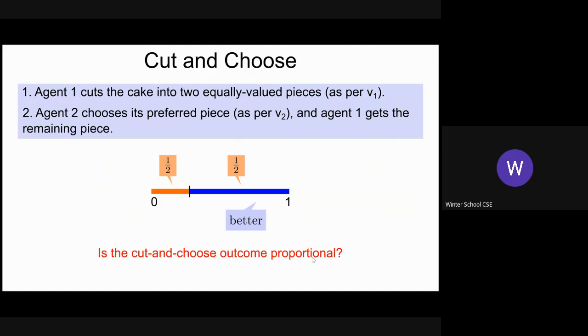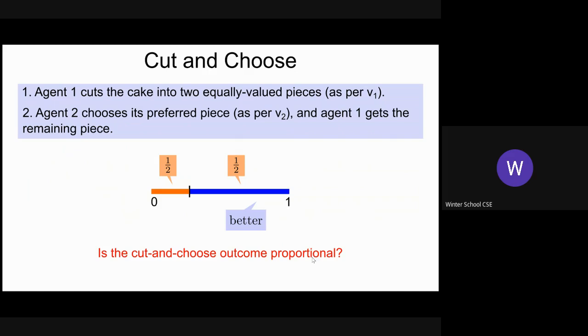It doesn't matter what the values are, you just make a single cut, and you can always make this cut because of the divisibility condition. So no matter whether you value the corner pieces a lot and you don't value the stuff in the middle, your cut would be accordingly positioned. Suppose I'm agent one and all of my value for the cake is concentrated in this bit here.